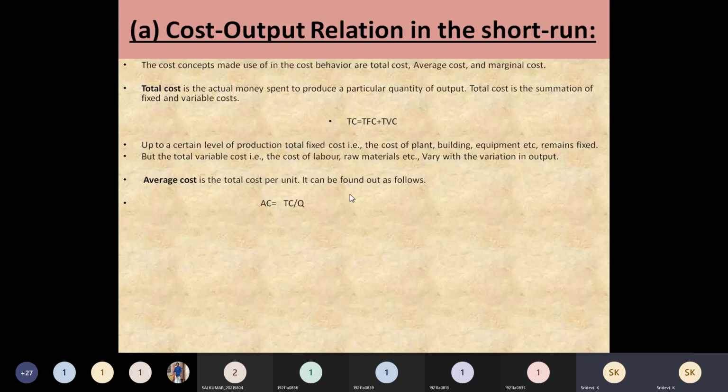This will tell you the cost per unit, so for one single unit, how much you are spending. That can be identified. If you identify that only, you can fix the price of the product. Otherwise, your expenditures may be more, and what you are earning from that may be less if you do not know about all these things.